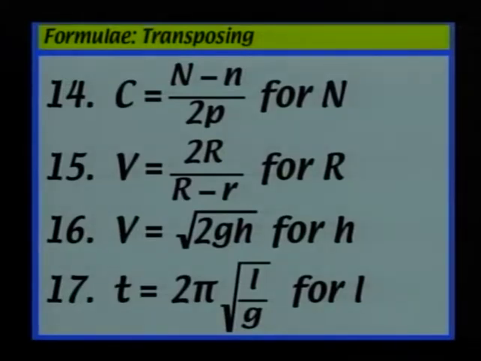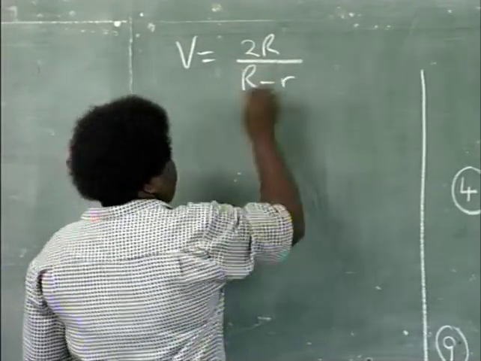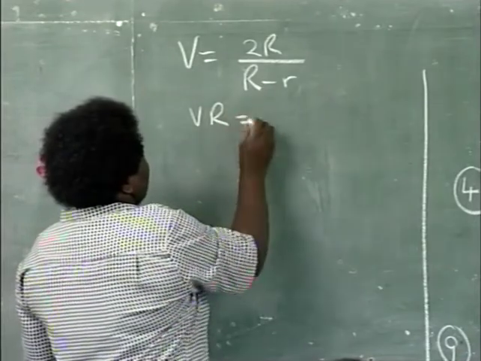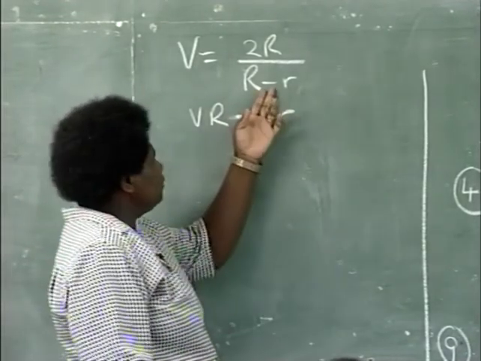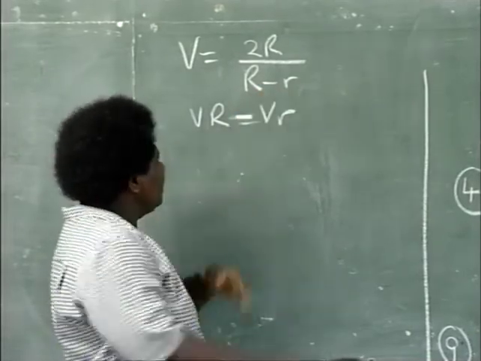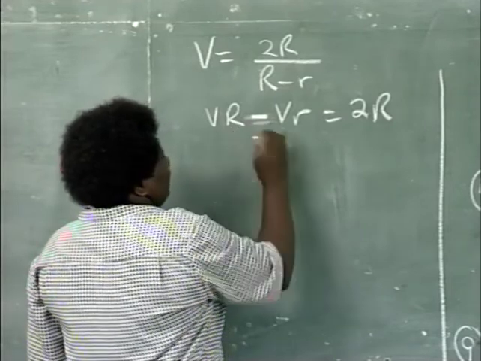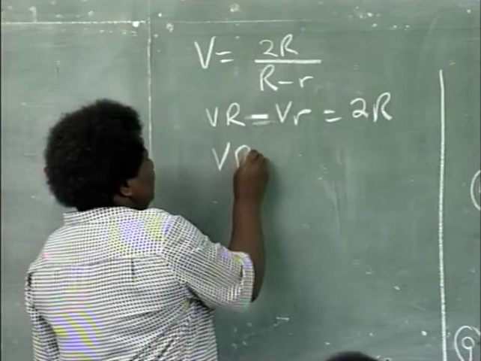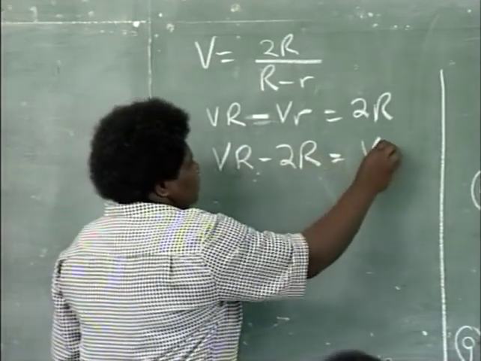V equals 2r over big letter R minus small letter r, and then VR minus V times small letter r equals 2r. That means I'm multiplying by R minus r. And then I'll add and subtract. So VR minus 2r equals VR.